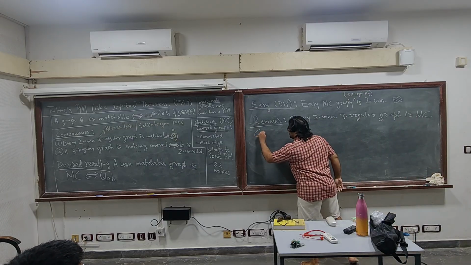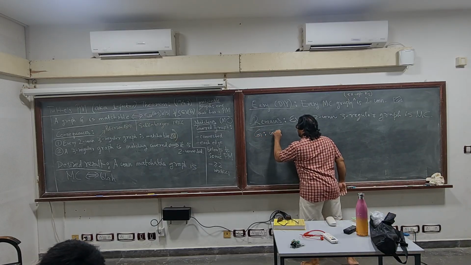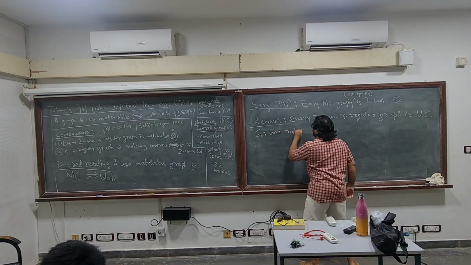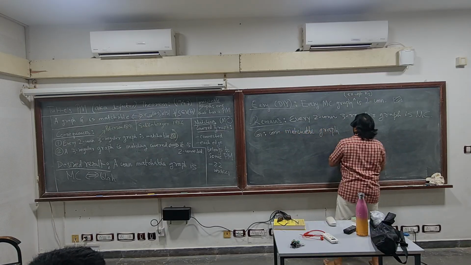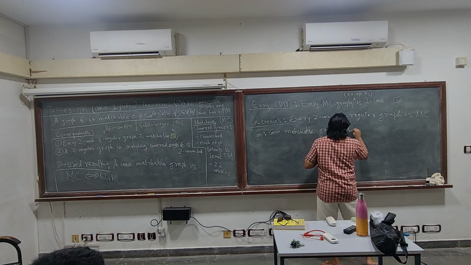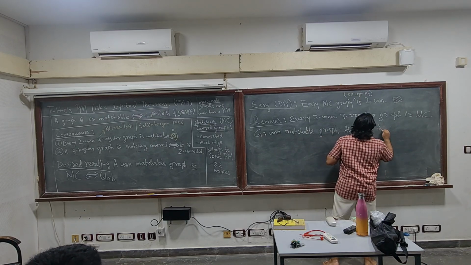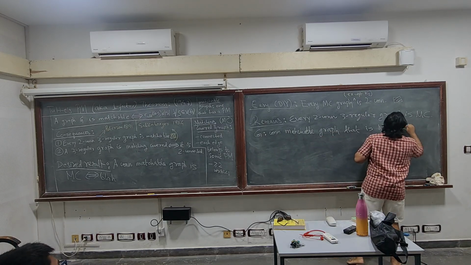Let's say G is a connected matchable graph that is not matching covered.